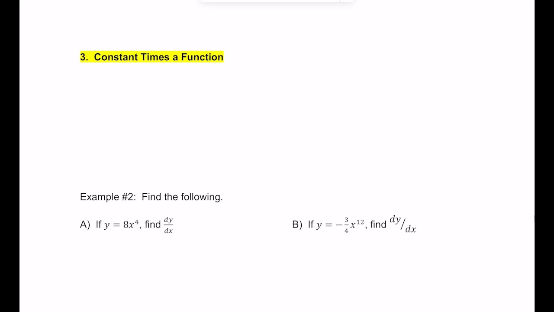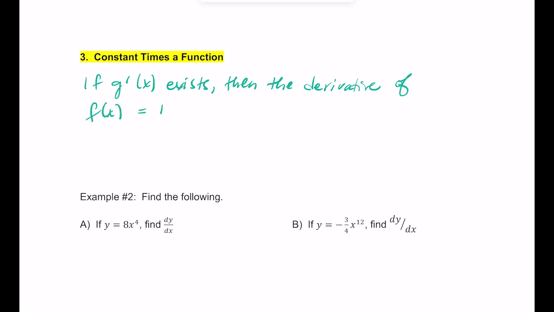So if, we'll call it g prime of x, exists, then the derivative of f of x equals k, which is just a constant, times g of x, is f prime of x, which is just the derivative with respect to x of k times g of x, which is just going to be k times g prime of x.